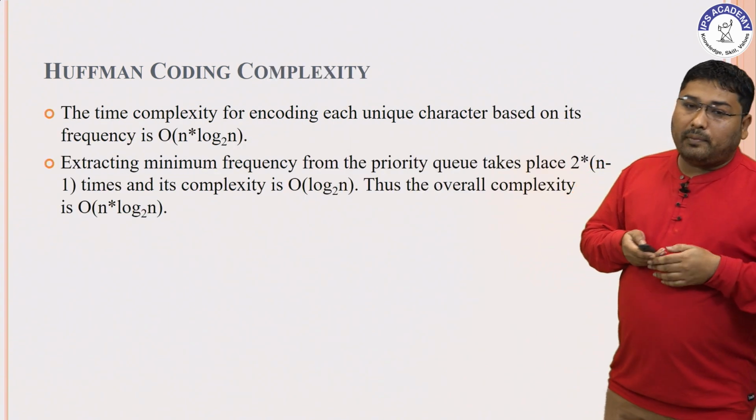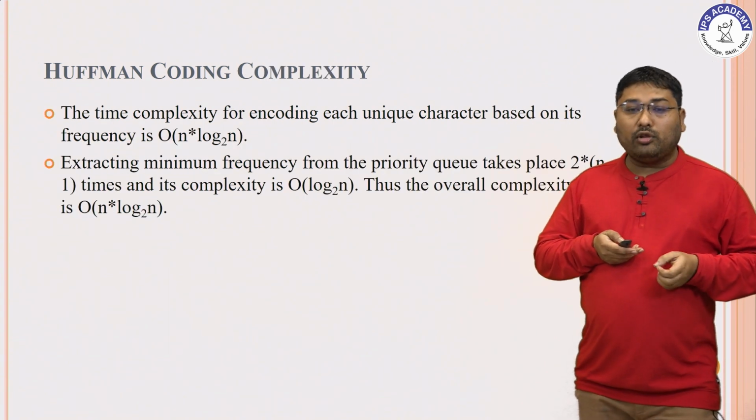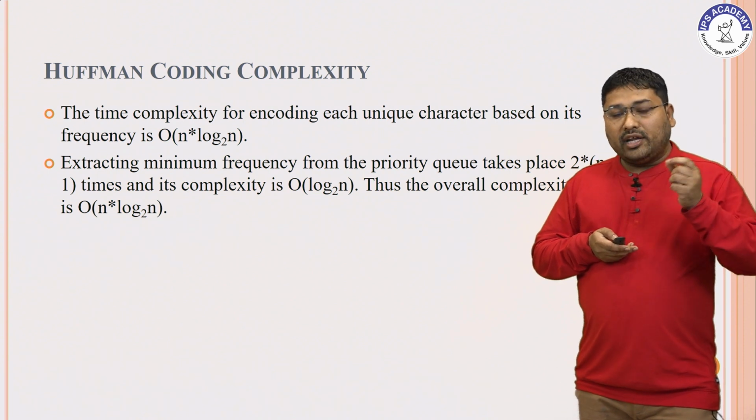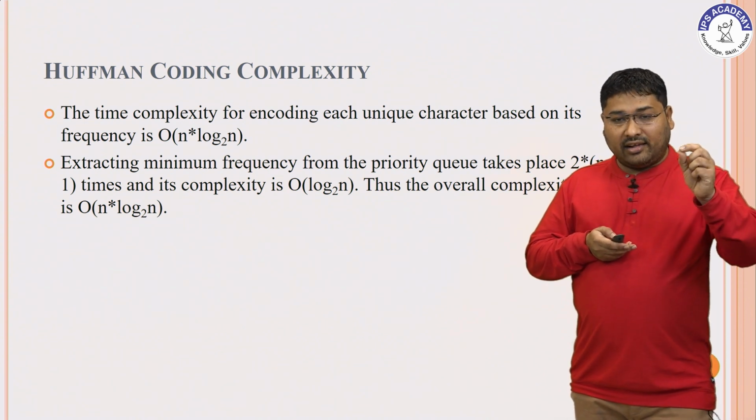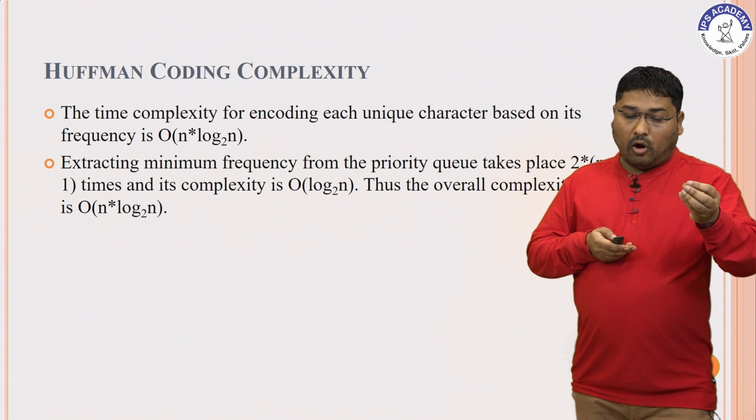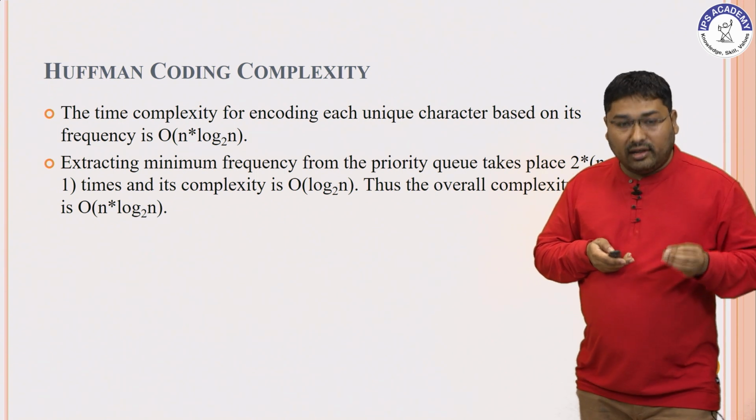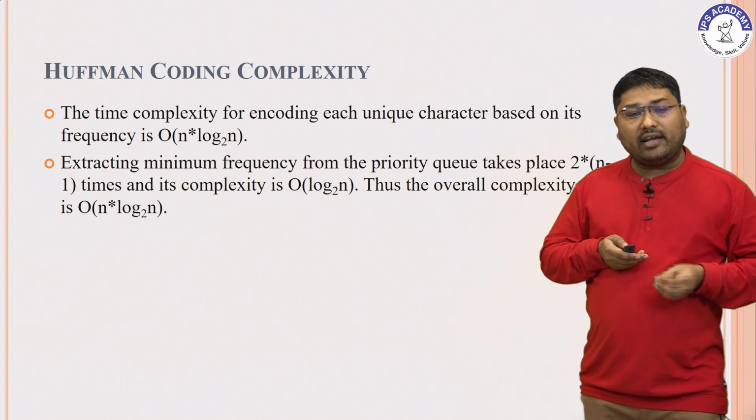Now, what is the time complexity of the algorithm? Because we use a priority queue, getting the smallest element from the priority queue takes log n time.